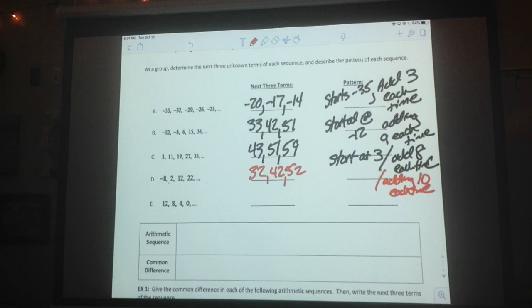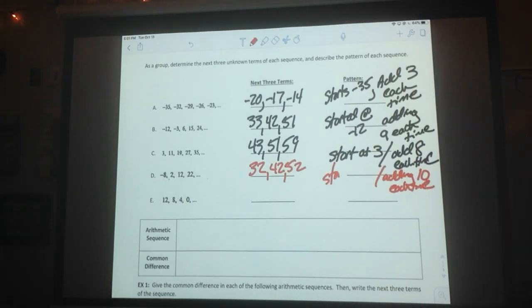And where did I start? I started at negative 8. And that's going to come into play here soon. So just make sure that you understand that when we look at patterns, not only am I looking at what I'm adding by, but I'm also looking at where I started from.